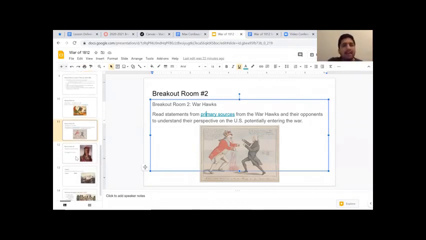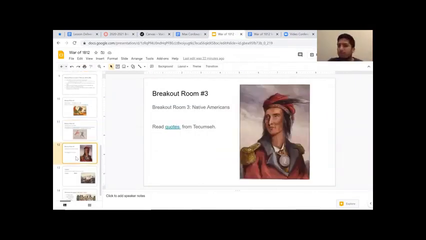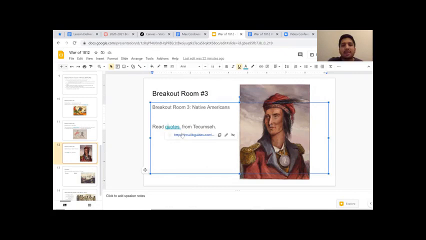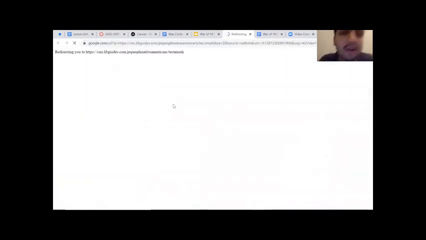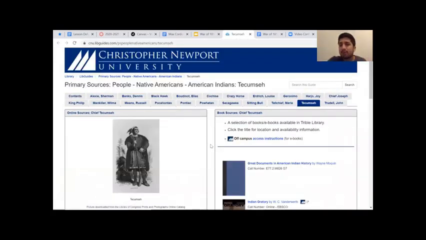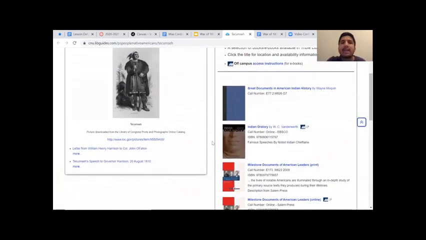And lastly, the last breakout room, we'll talk about the Native American perspective. How were they a factor in the War of 1812? They would read quotes from Tecumseh. He was a leading Native American figure who really advocated for a Native American nation union.